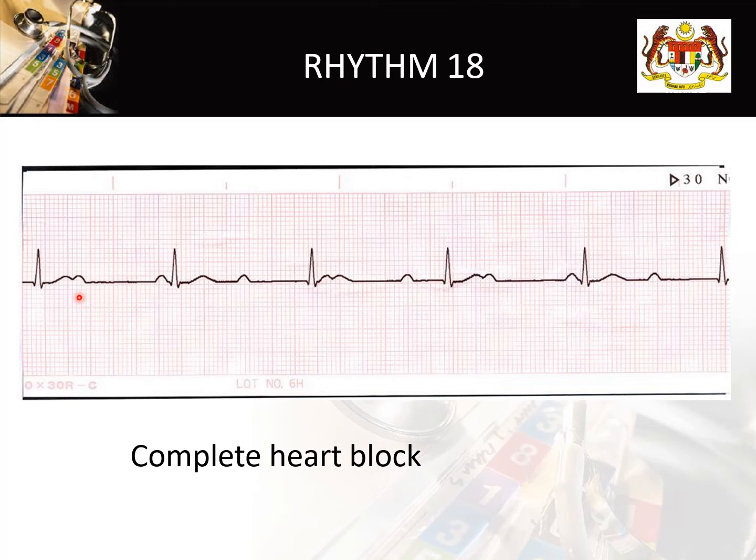From the ECG you can see the atrial rate, the P wave, is regular, P to P is regular, and the QRS complex, the RR interval, is also regular. In this ECG, the atrial rate is about 100 and the ventricular rate is about 40. Okay, this is complete heart block. Usually the patient can present with dizziness, syncope, and is usually unstable, and may need pharmacological or electrical pacing.